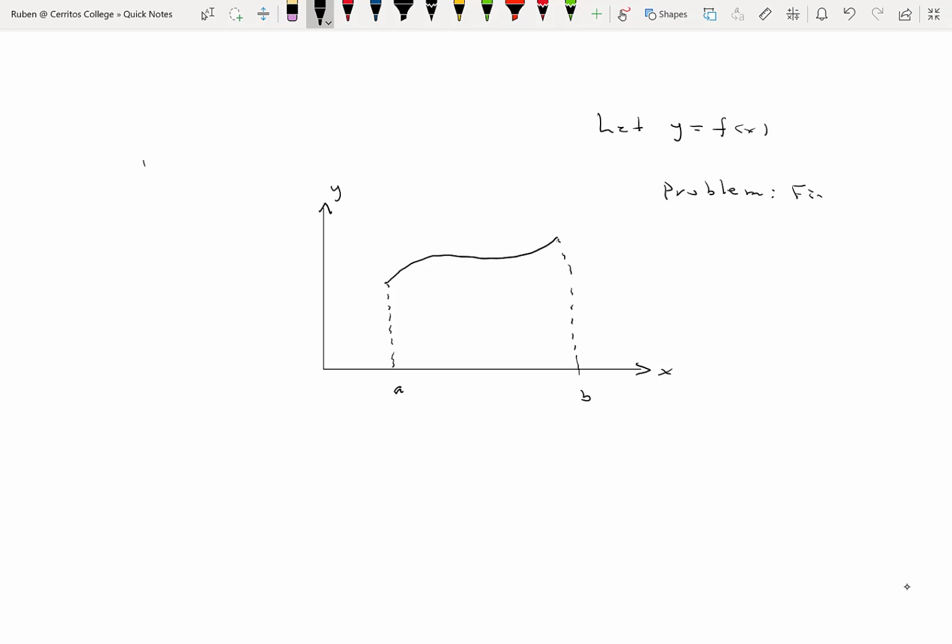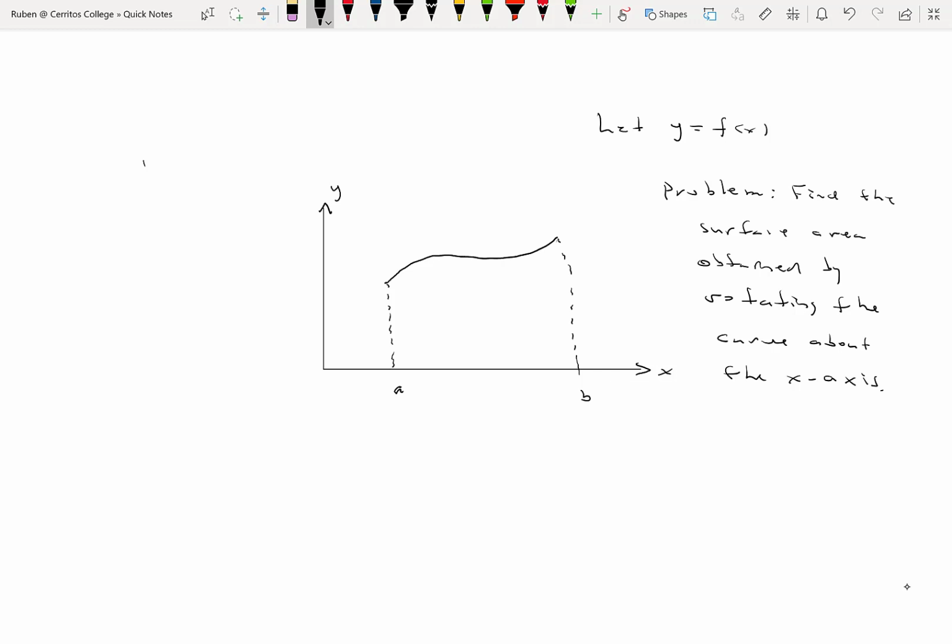Find the surface area obtained by rotating or revolving the curve about the x-axis. And later on we'll look at the y-axis.